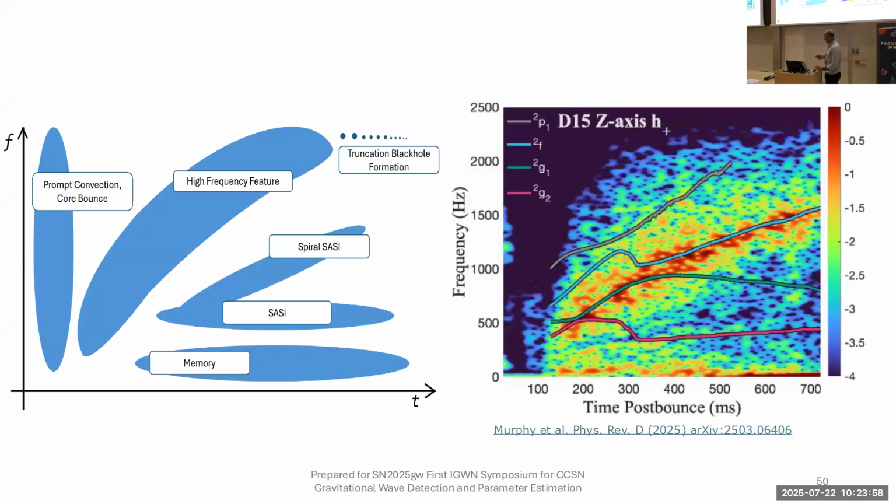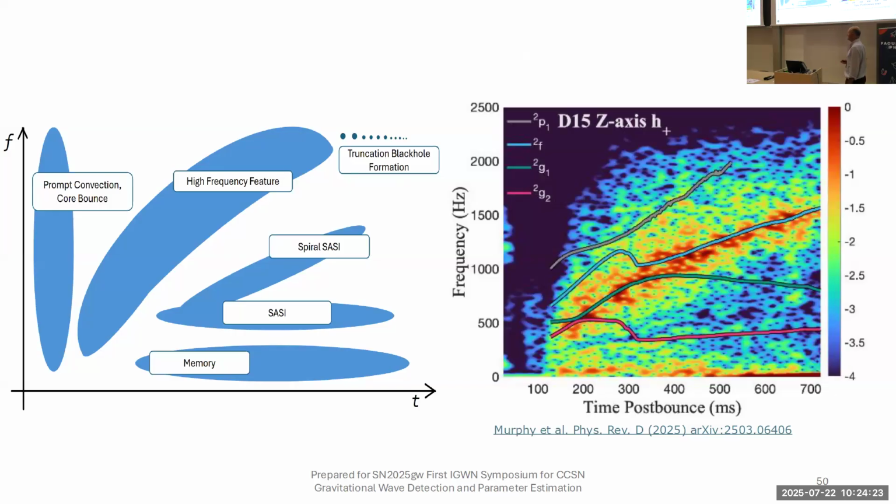Briefly, what has already been mentioned: there is the prompt convection and core bounce. And then we have the high frequency feature, which could have some truncation. And if a black hole is formed, maybe the truncation could happen even with SASE, memory, spiral SASE.